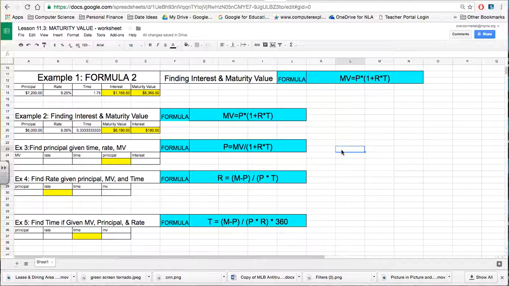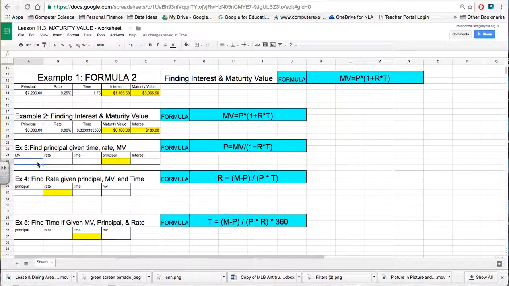Example 3. What we have here, you would find on page 420. In the example, find the principal that would produce a maturity value of $15,300 in 4 months at 6% interest. So we need to know, okay, how much principal would we need in order to have that $15,300 in 4 months at 6%? So let's put in what we know.